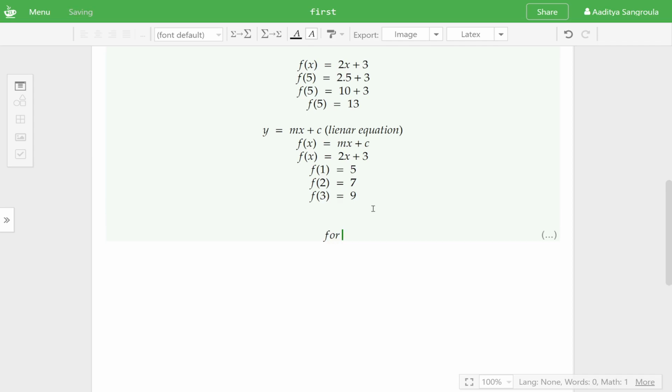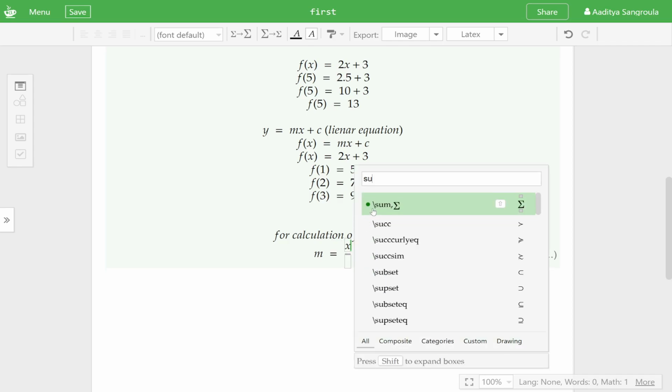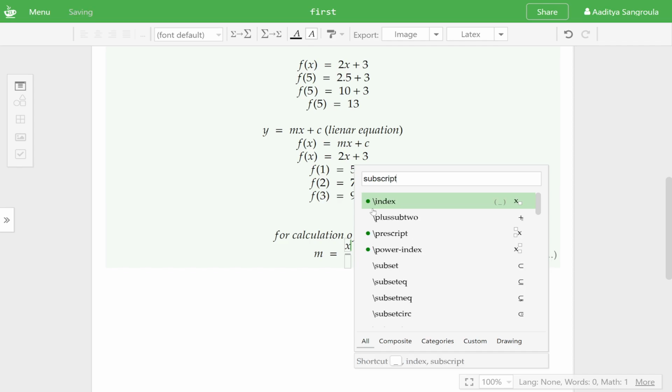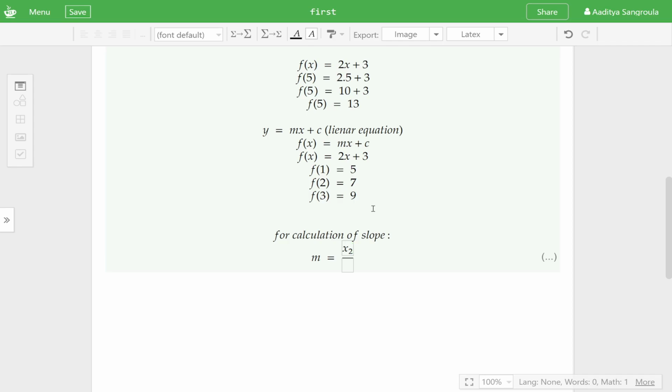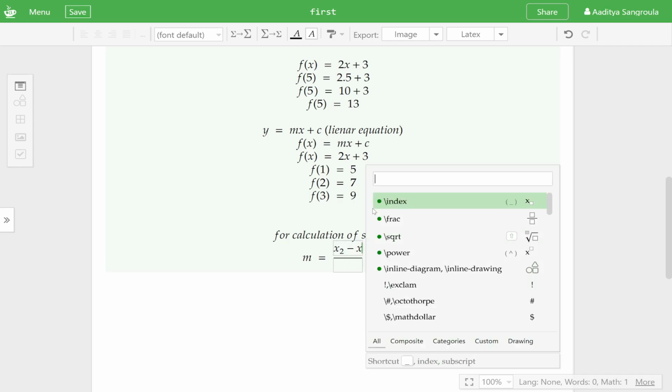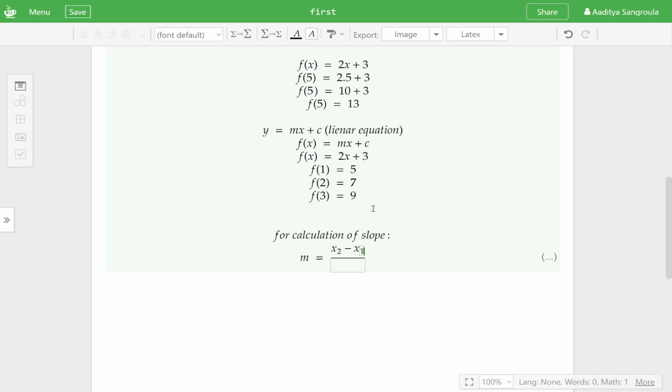The slope is denoted by m, and it is y2 minus y1 over x2 minus x1. So this is the formula for slope, right?